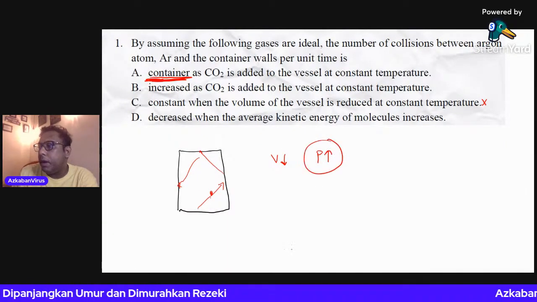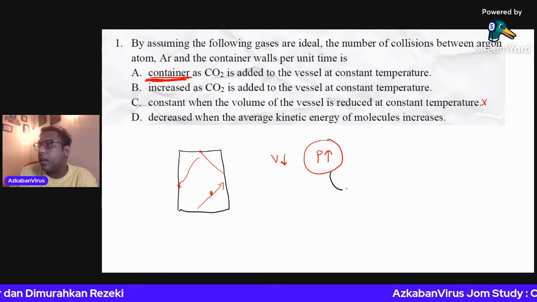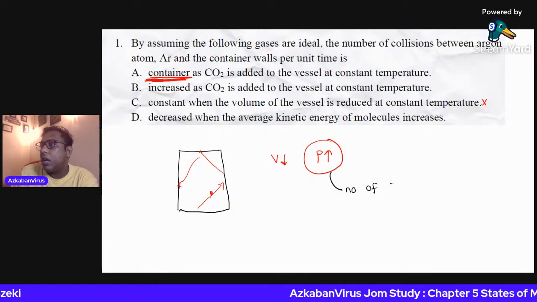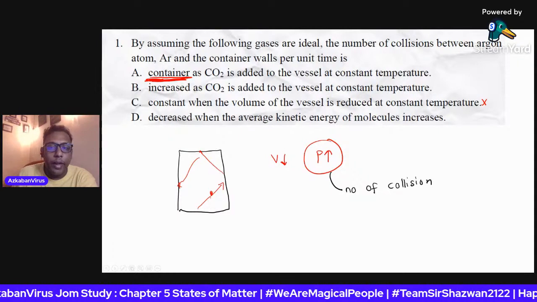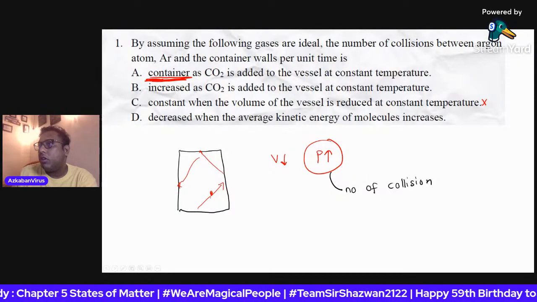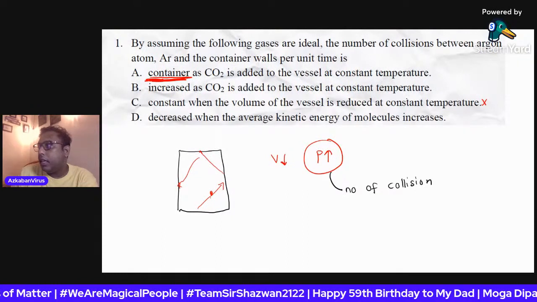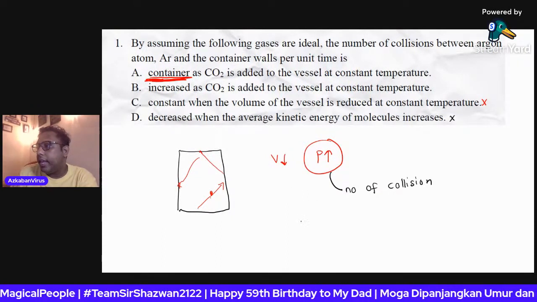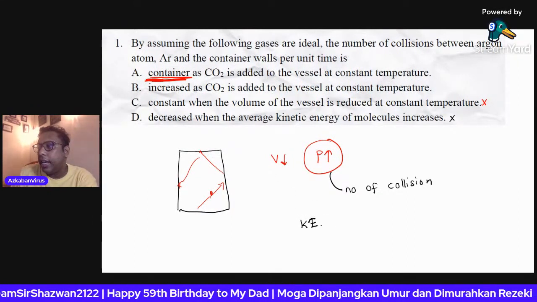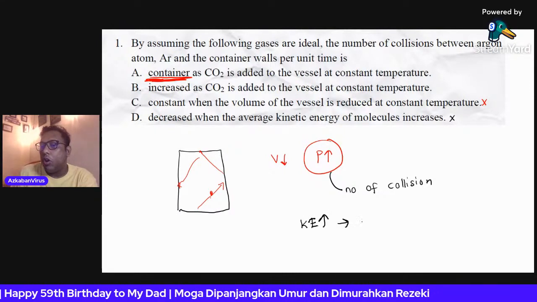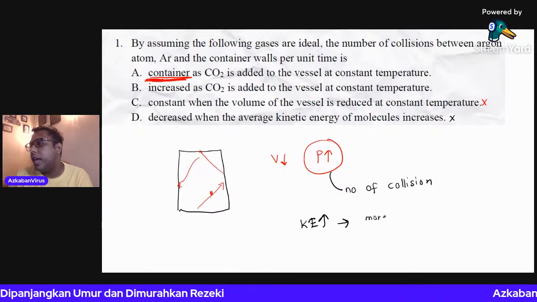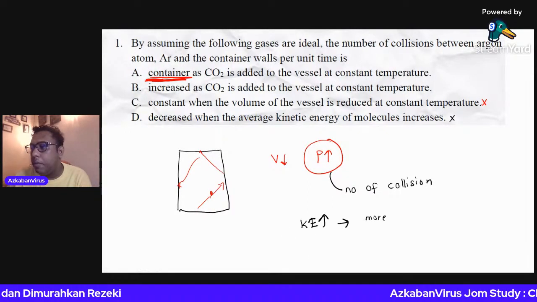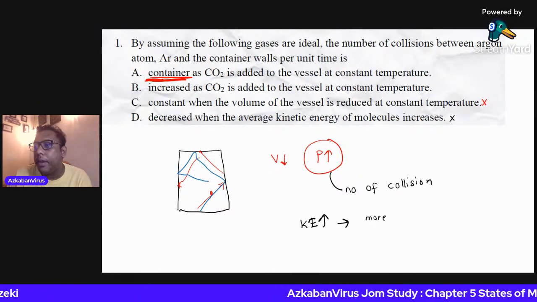Pressure ni meningkat disebabkan number of collision meningkat, so dia akan menyebabkan pressure jadi lebih tinggi. Jadi C ni salah. D pun salah sebab when kinetic energy increases, more particles akan possess more energy. Dia akan bergerak lebih pantas, so dia akan berlanggar dengan lebih laju. So pressure akan meningkat lagi.